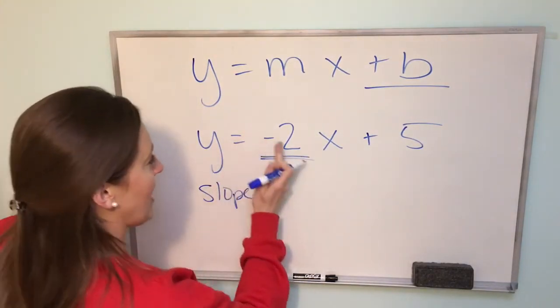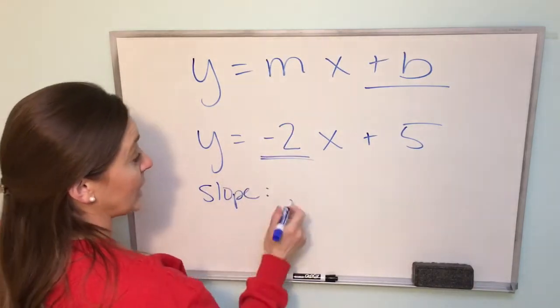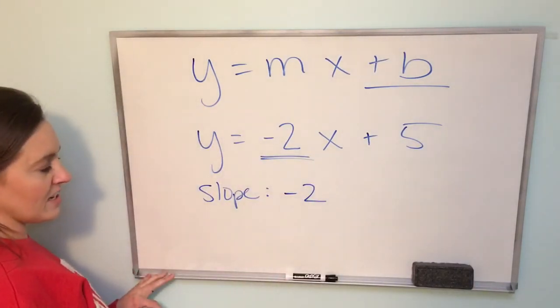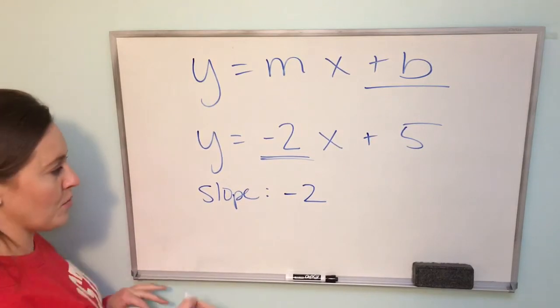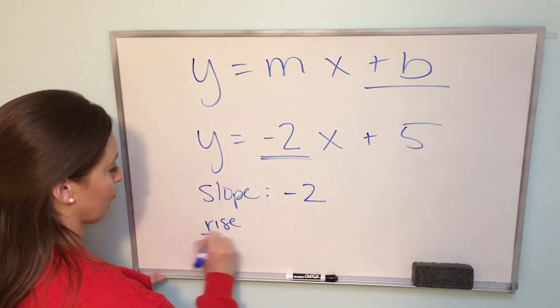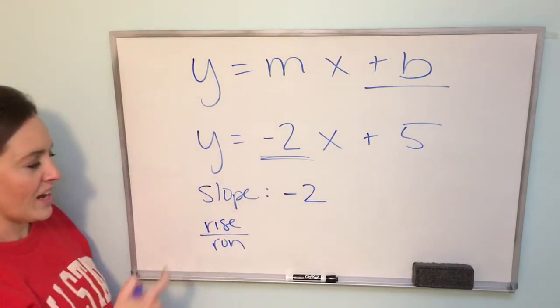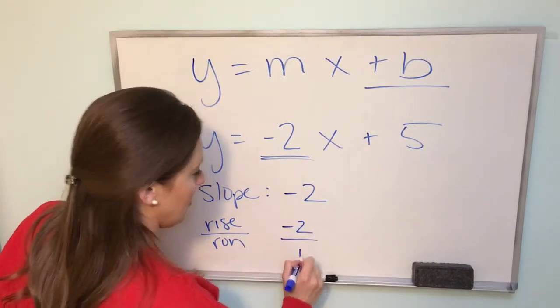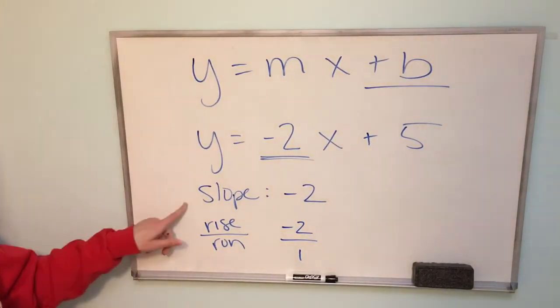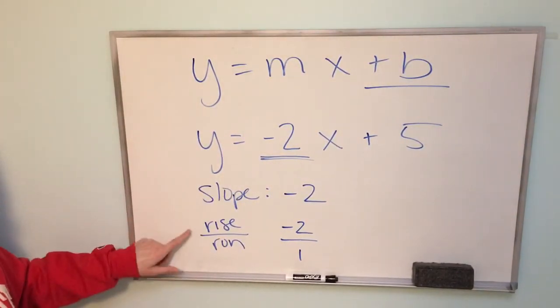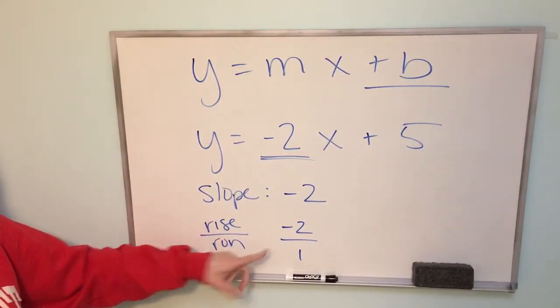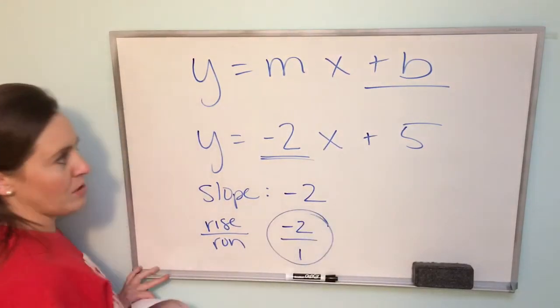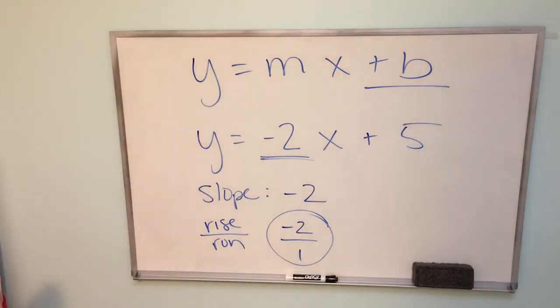It's everything that comes after the equal sign and before the x, and that includes the sign. So it's -2. We can also write the slope in the form of rise over run, and that'll help us when we graph it. You can always take any number and put it over 1. So a slope of -2 also means a slope of -2 over 1. And I'll show you why we need this when we graph this line.